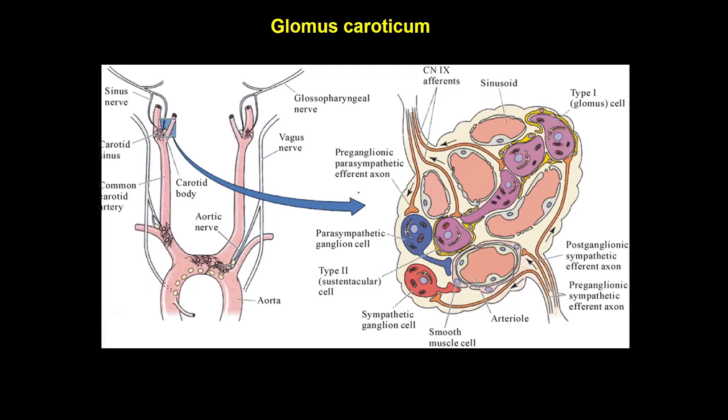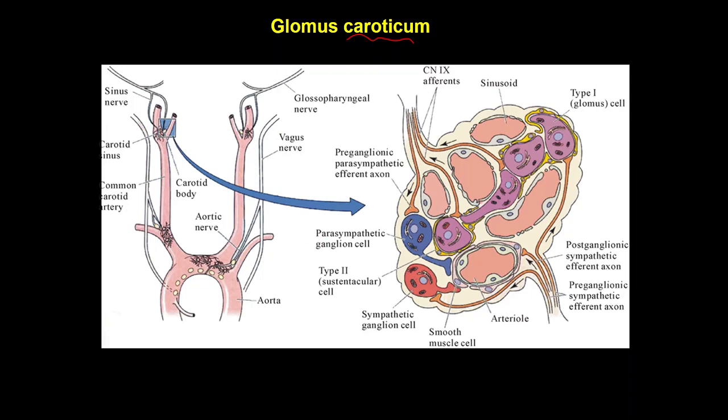So let's proceed to some other structures, for example the glomus caroticum, or the carotid body. It's called caroticum because this structure is located very close to carotid arteries, and we don't have a slide for this.